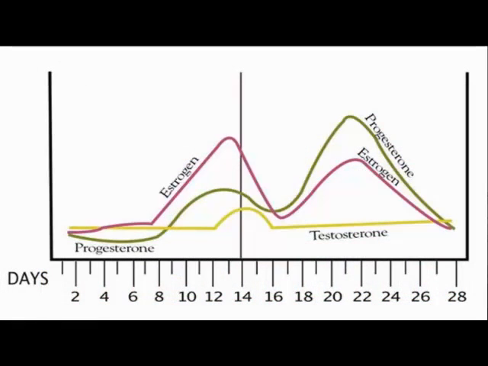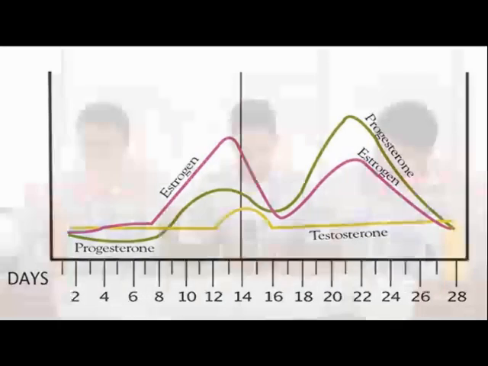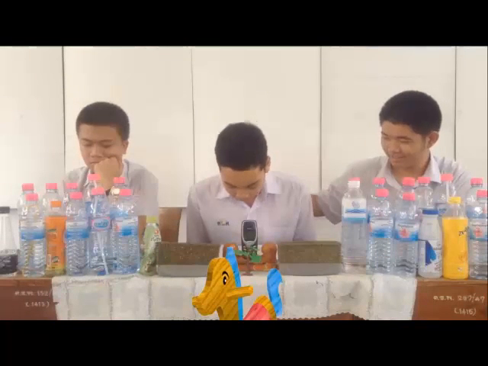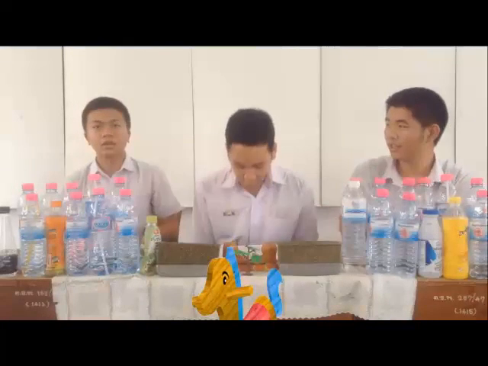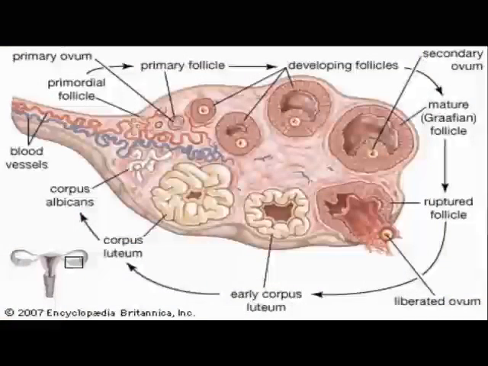The surge also initiates luteinization of the theca and granulosa cells. Ovulation is the process in the female menstrual cycle by which a mature ovarian follicle ruptures and discharges an ovum.